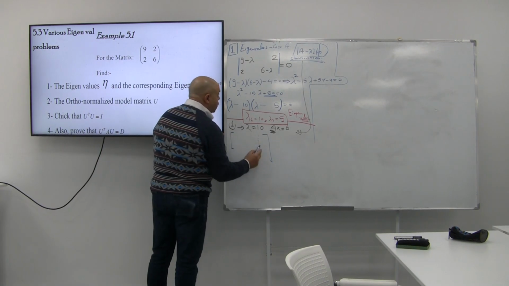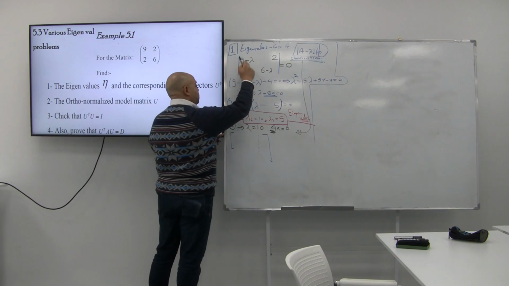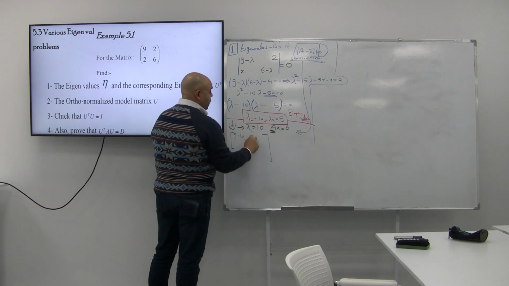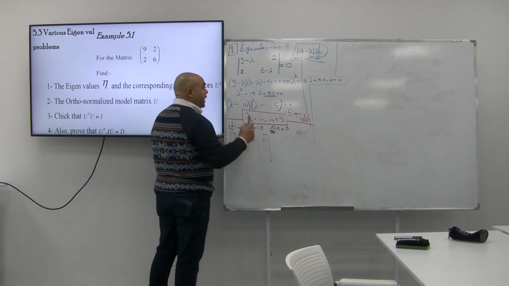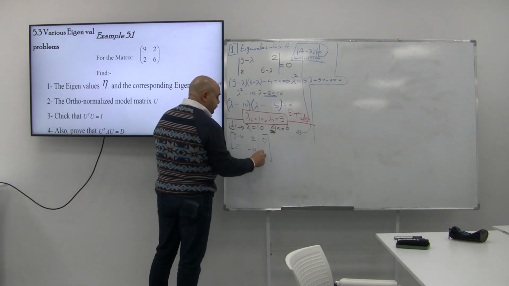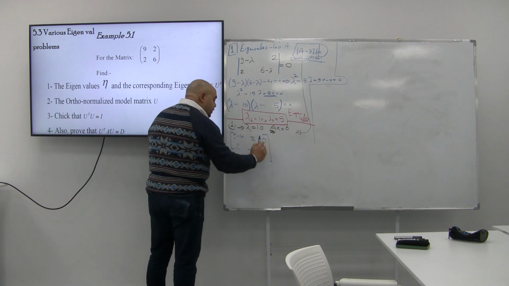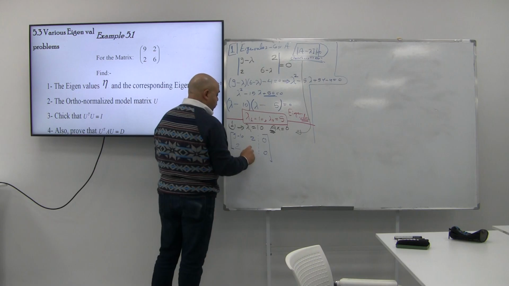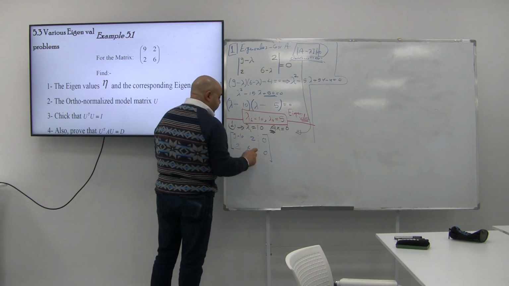It's going to be 9 minus 10, 2, and equal to 0. For the second row, it will go exactly the same, which is going to be 2, 6 minus 10. 6 minus 10 is going to be negative 4, and 0. This is the shape of this matrix.